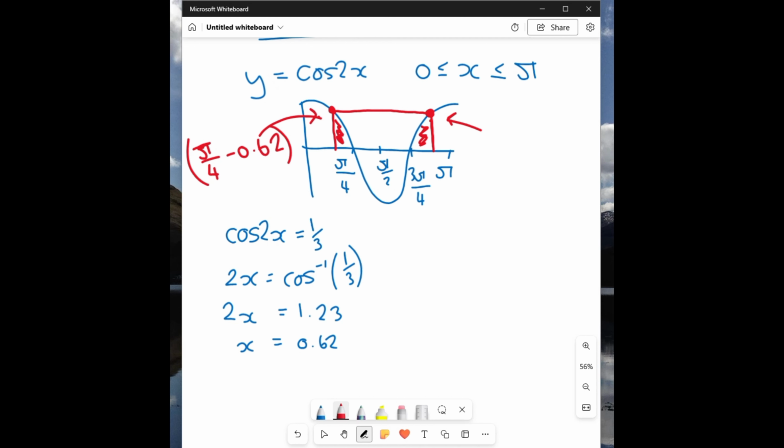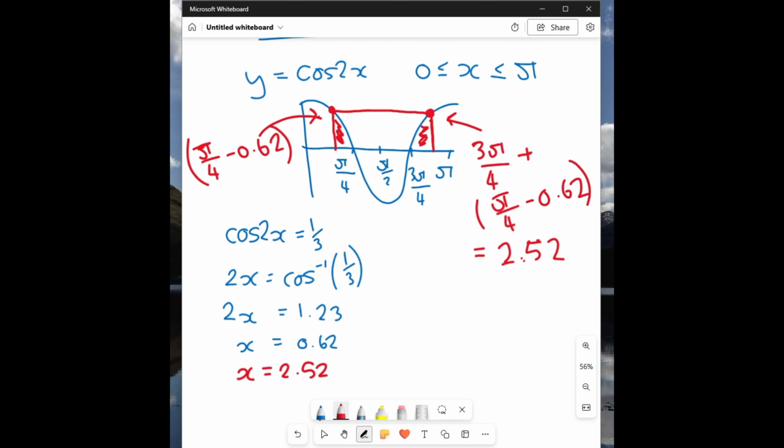So this x coordinate here will be 3 pi over 4 plus what we just worked out, our difference, so plus pi over 4 minus 0.62. And when I do that, that gives me my other value, which is 2.52 to 2 decimal places. So they are my 2 solutions: x is 0.62 and x is 2.52.